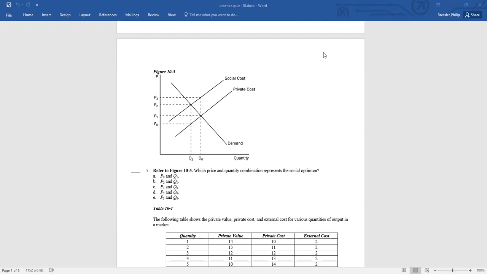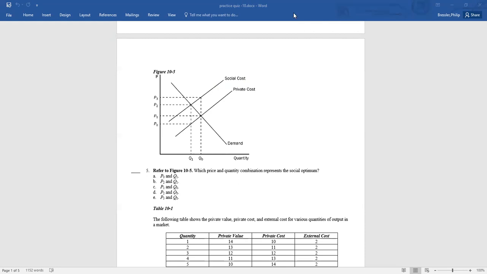All right, here we're going from private cost to social cost. So I know that we are having a negative externality. Now the demand curve could be marginal social value or marginal social benefit. They're just not labeling it. So what is the price and quantity combination?